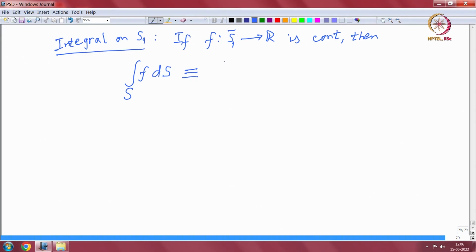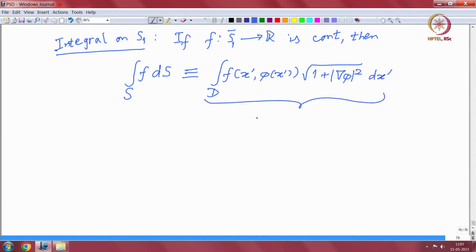So you can easily see this is the integral over D of f of x prime, phi of x prime, times a factor, square root of 1 plus grad phi squared, dx prime. This is an n minus 1 dimensional integral.